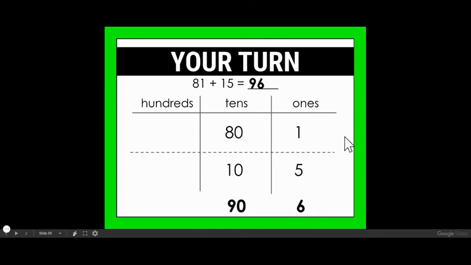All right, you're going to do one more with me. So this time you're going to do most of it on your own again, and we'll check your answer. So start by drawing your hundreds, tens, and ones chart. Draw your dotted line. And then start building your addends.